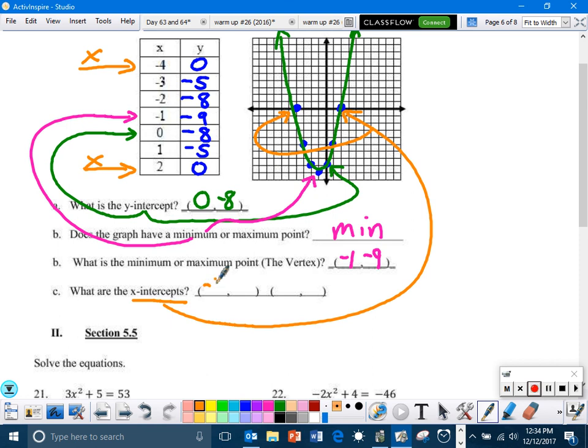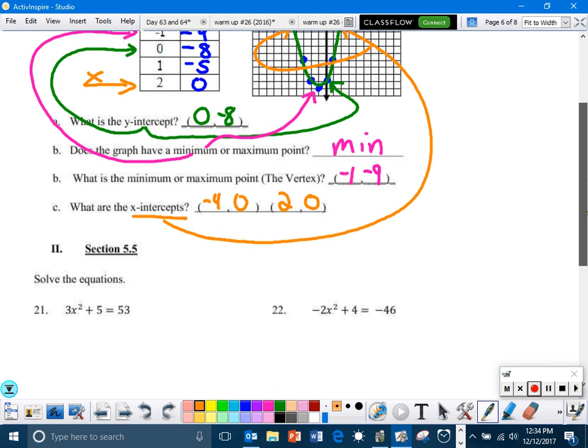That would be -4, 0, and 2, 0. Okay, moving on.